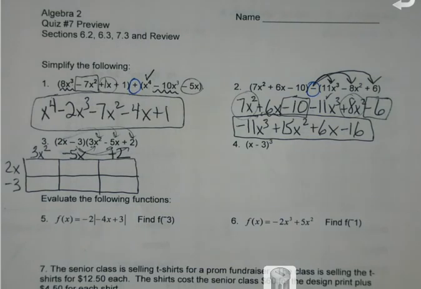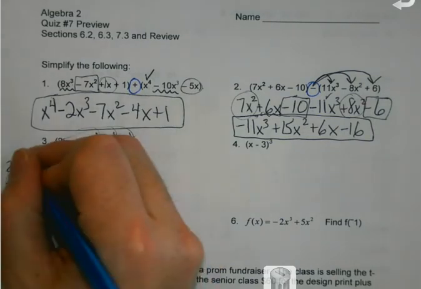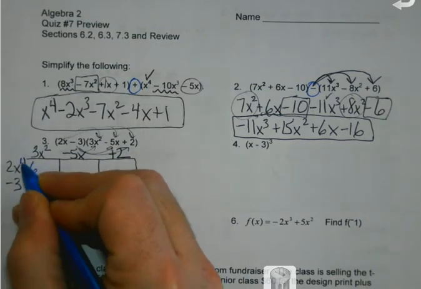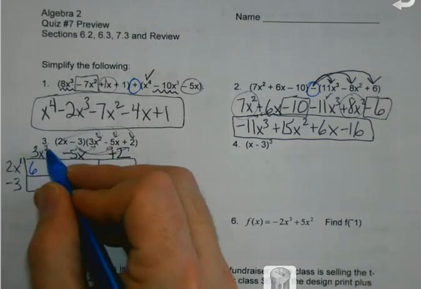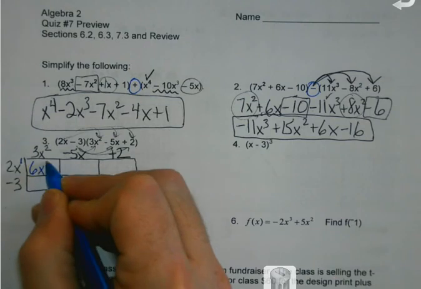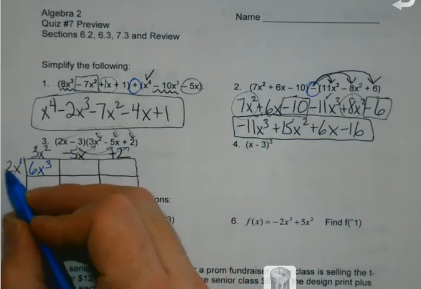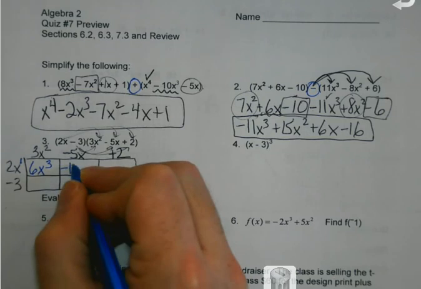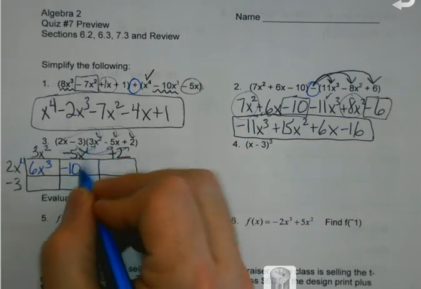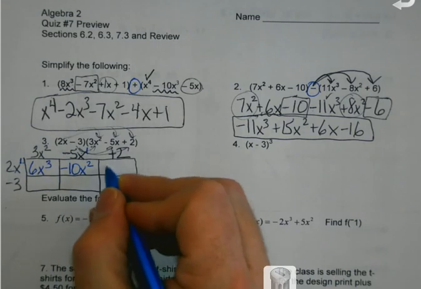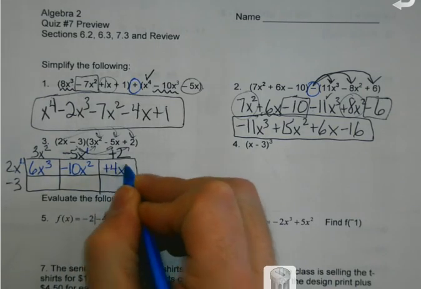But again, now that I'm multiplying, now my exponents are going to be changing. 2 times 3 is 6. Add your exponents because you're multiplying. 1 plus 2 is 3. And just keep multiplying that and work your way down. 2 times negative 5 is negative 10. X squared. 2 times 2 is 4x.